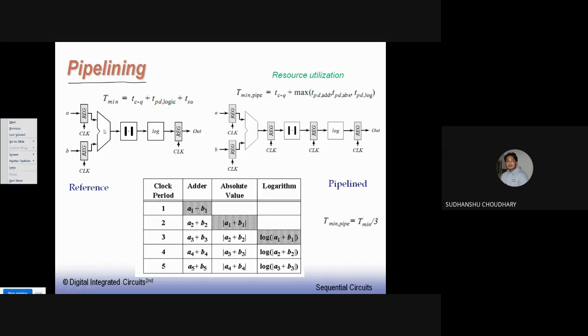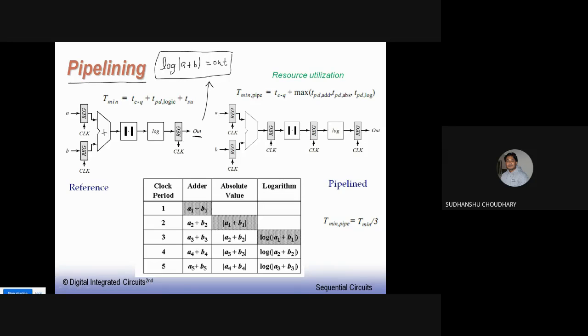The job of this logic block element is to add these two data, and we want to perform an operation that is log of mod of A plus B. So this circuit will do that, that is output will be equal to log of mod of A plus B.